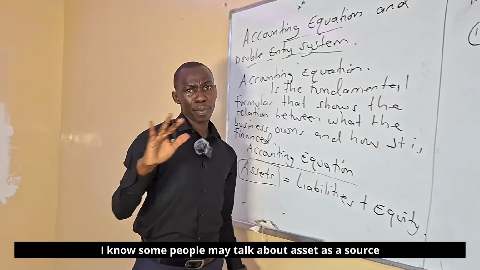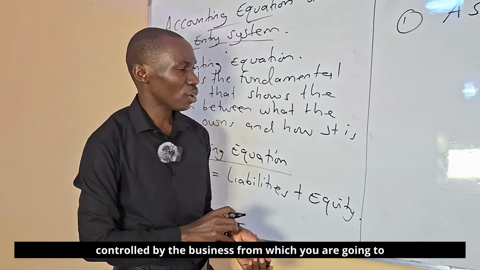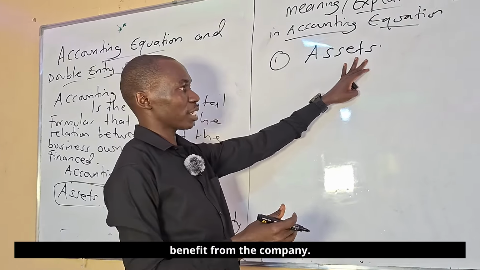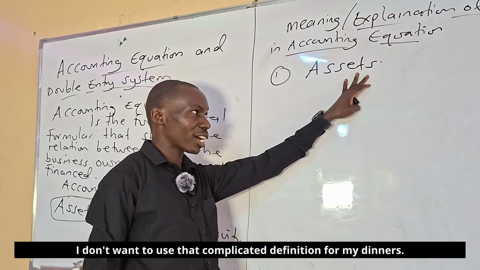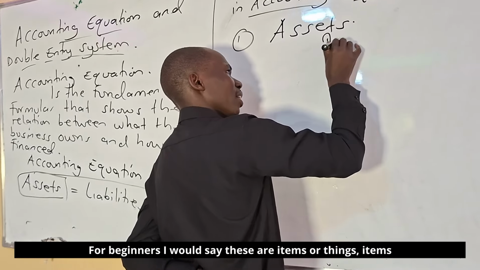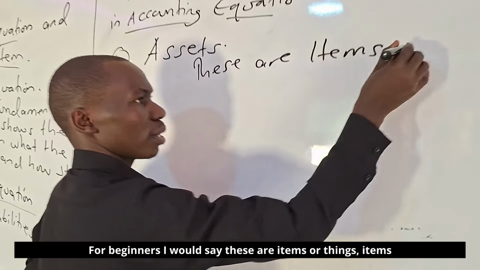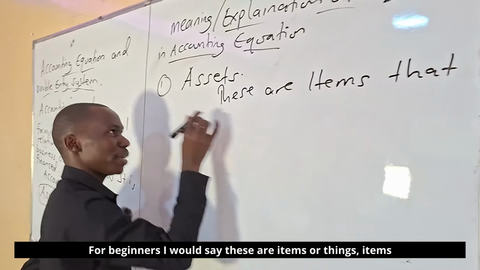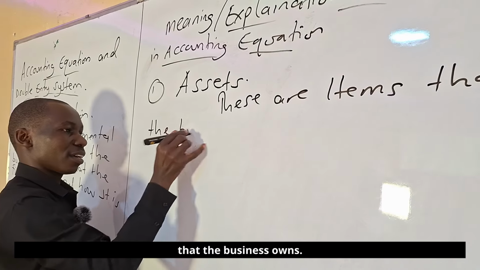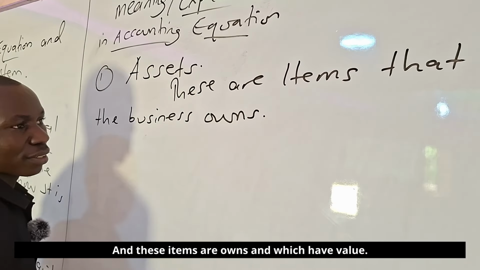I know some people may talk about an asset as a resource controlled by the business, from which economic benefits are expected to flow to the entity. I don't want to use that complicated definition for my beginners. For beginners, I will say these are items that the business owns or controls.